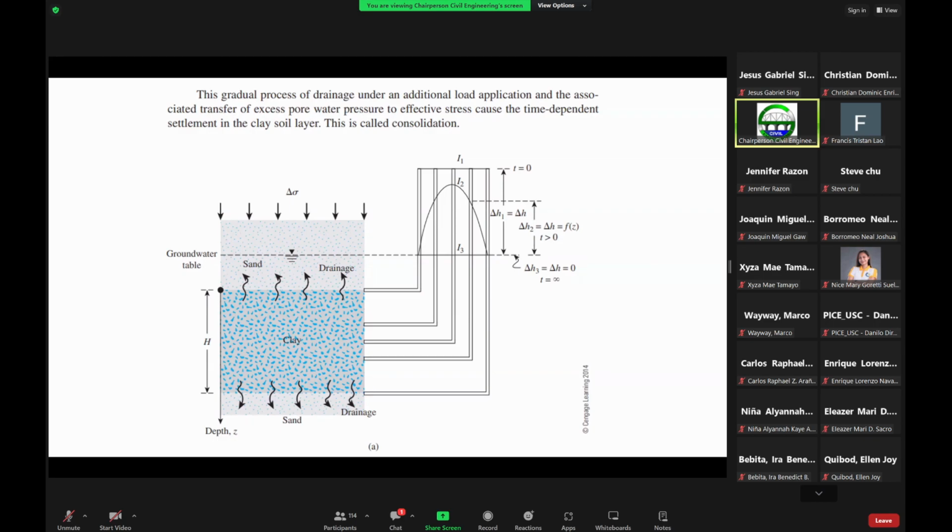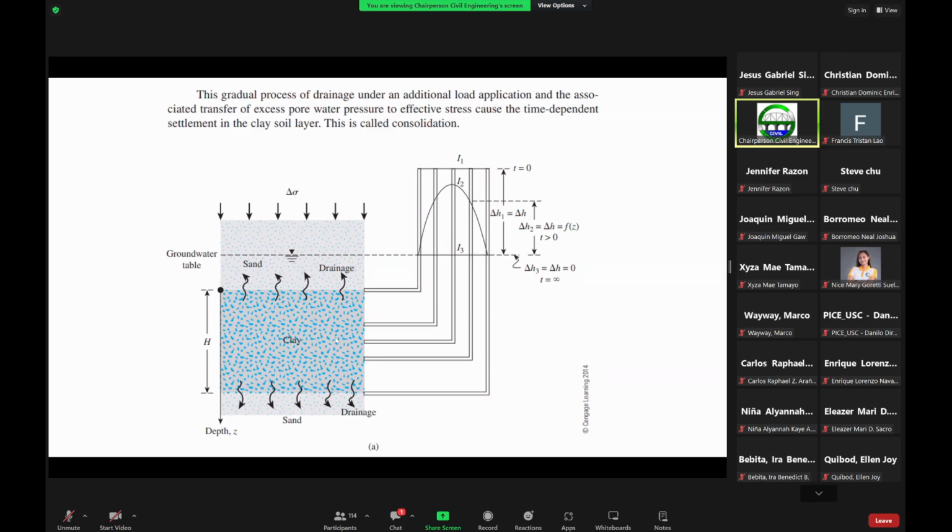Because of this additional load created by the foundations of your structure, the pore water pressure here in the clay layer would increase, and then eventually there will be drainage, wherein pore water will be slowly expelled from the soil matrix, and probably be drained above and below such layer.